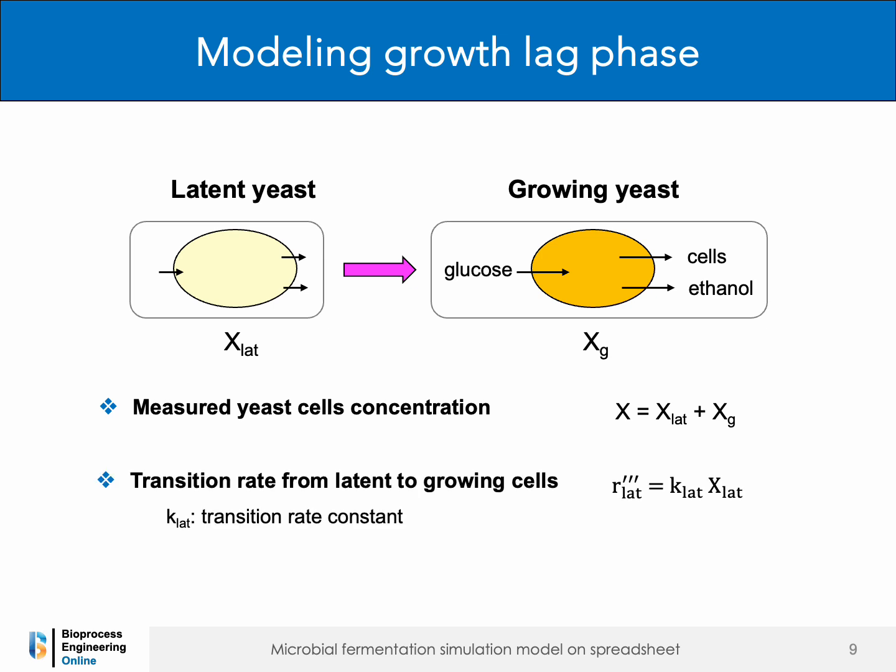The volumetric transition rate, denoted as R-lat, measured in grams of cells per liter per hour, is assumed to be proportional to the concentration of latent cells X-lat, with K-lat representing the first-order transition rate constant. The value of K-lat determines the duration of the latency phase. A higher K-lat results in a shorter latency phase.